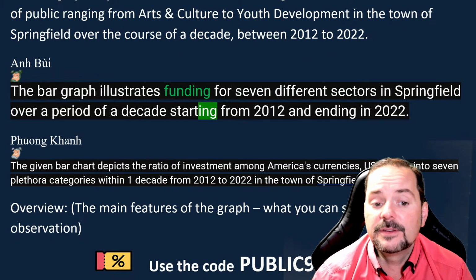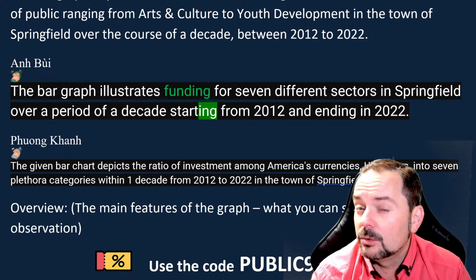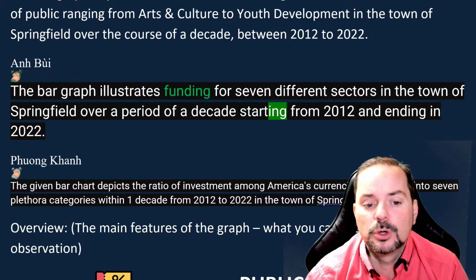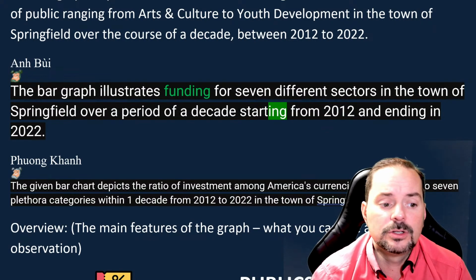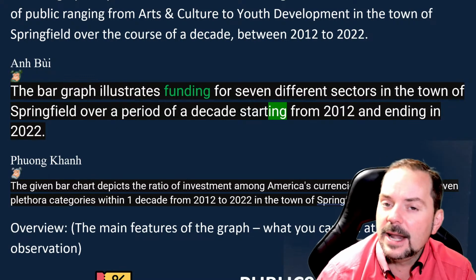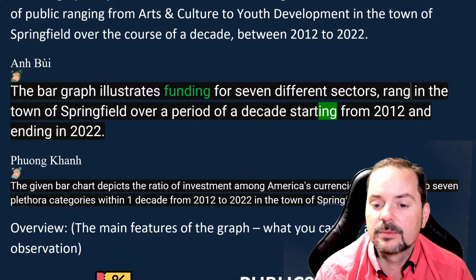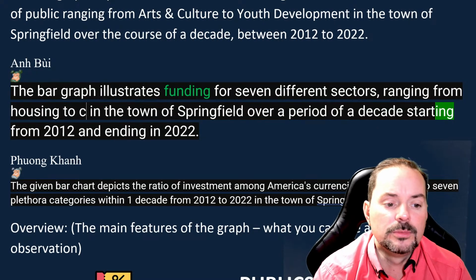So the bar graph illustrates funding for 7 different sectors in Springfield. Let's not take out information here: in the town of Springfield over a period of a decade, starting from 2012 and ending in 2022. And here for band 9, I would probably include some concepts like ranging from housing to community growth.